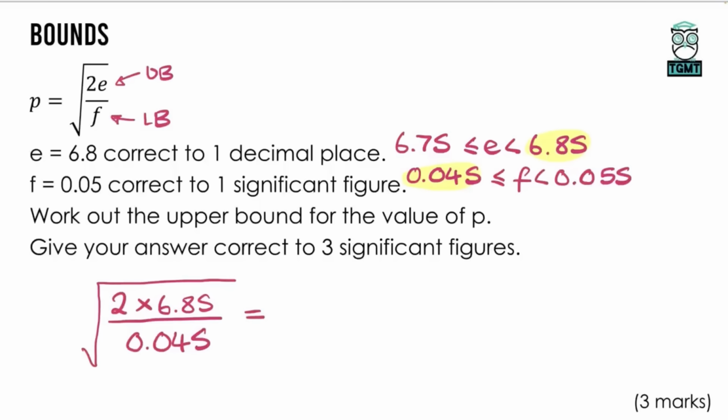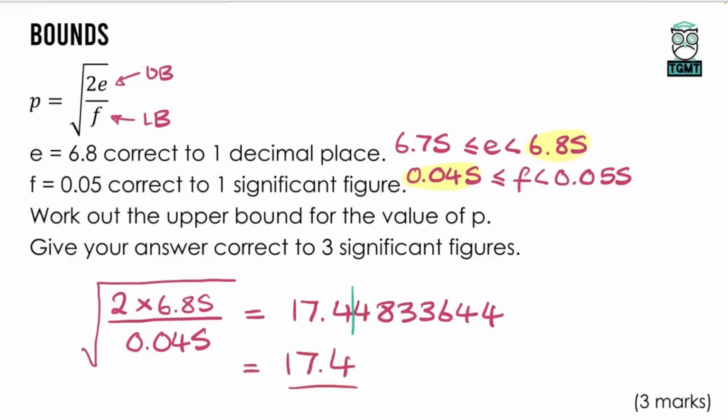Once we've typed that in, it does want us to give our answer to 3 significant figures, but if we type that into the calculator, 2 times 6.85 on the top, and 0.045 on the bottom, making sure it's all underneath the square root, we get a final answer which comes out as 17.448336644. I've written the whole number down, now I'm going to round it to 3 significant figures, which is just after the 4 there, so that comes out as 17.4, and that is our upper bound.